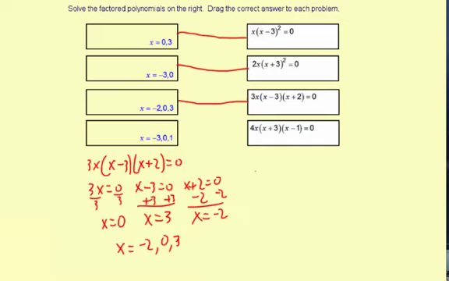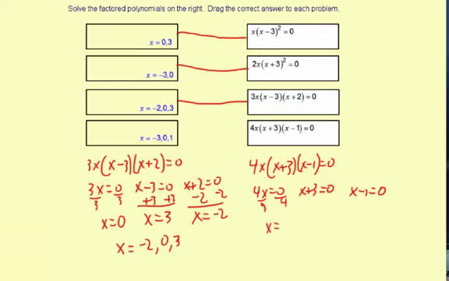Now let's look at this fourth one. We have 4x times (x plus 3) times (x minus 1) equals 0. So 4x equals 0, x plus 3 equals 0, x minus 1 equals 0. Divide by 4, you get x equals 0, because 0 divided by 4 is 0.